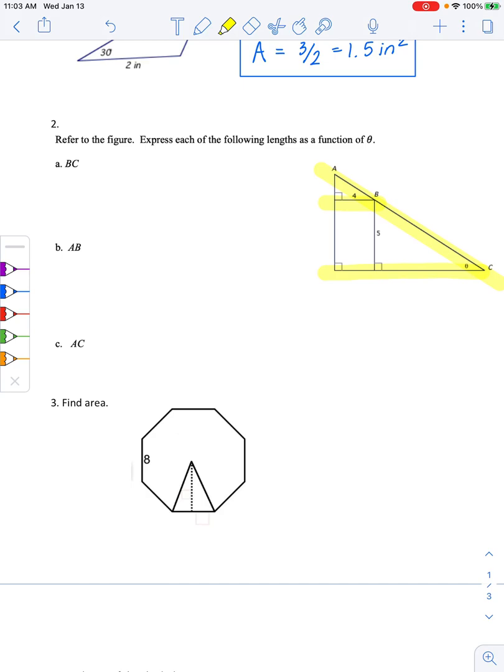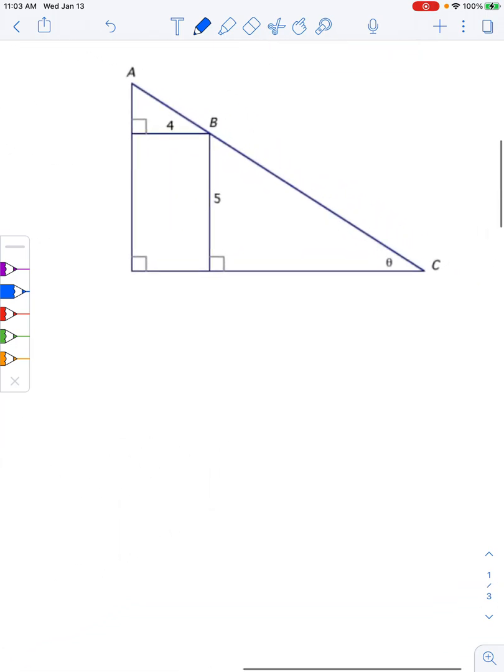Corresponding angles, consecutive interior, alternate exterior. Hopefully those sound at least familiar. So we're going to use a little bit of geometry. So I'm going to erase these lines just so that we can see what's happening. So what I'm really telling you here, I'm going to zoom into my picture a little bit more.